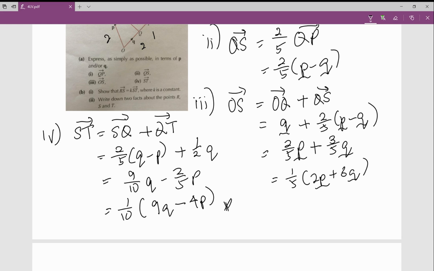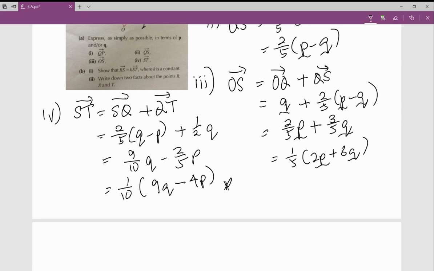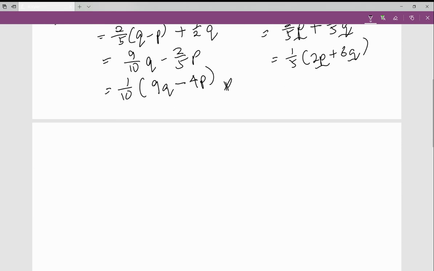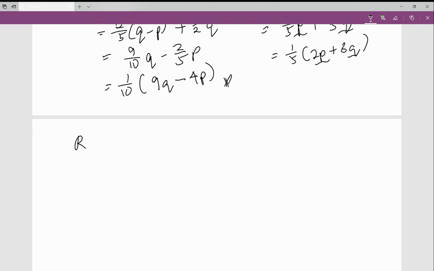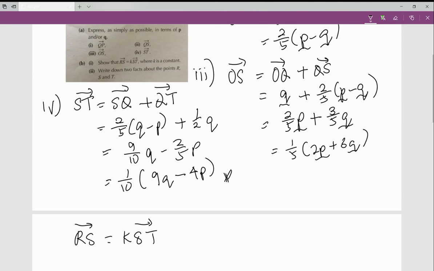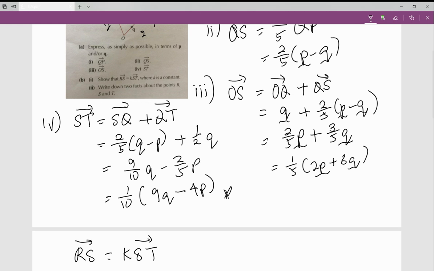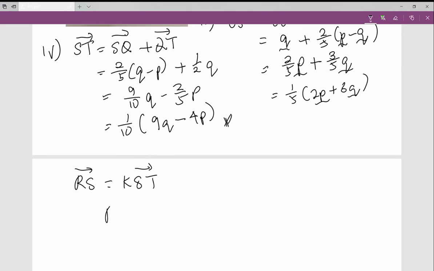Next, they ask us to show that RS is equal to K times ST. Let me just put this first: RS is equal to K times ST. I've already found what ST is, so I need to find what RS is.